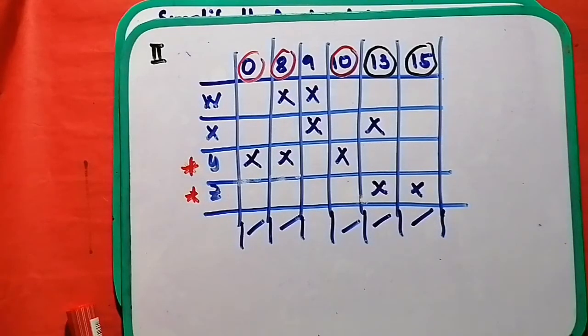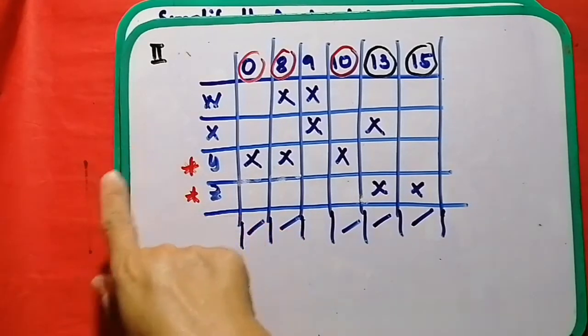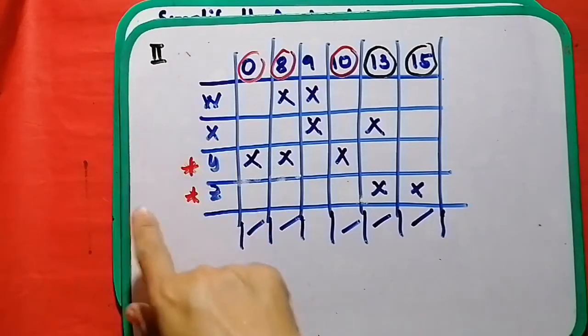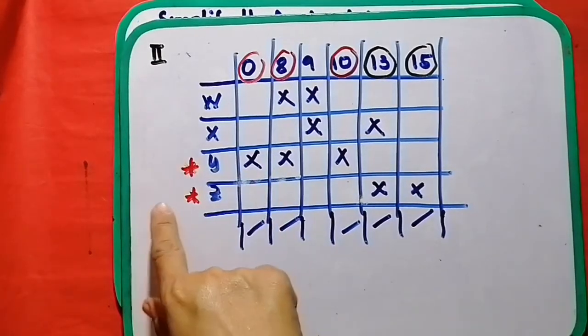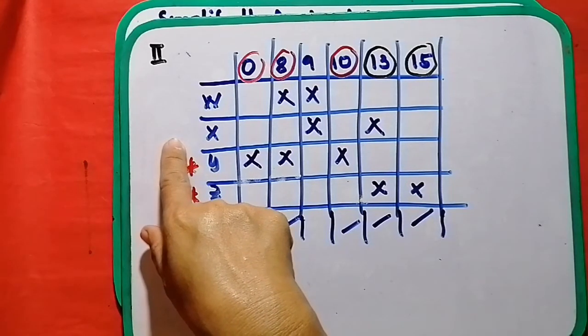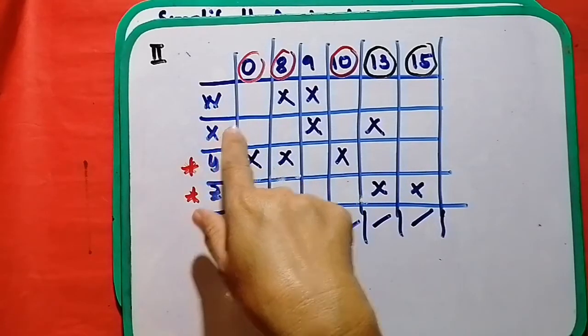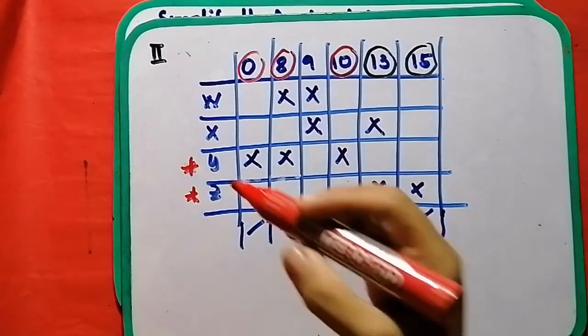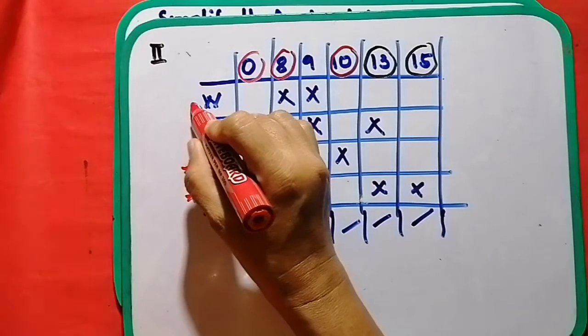So you would notice number 9 is not yet grouped or covered. So we go back to the prime implicants which are not selected, which are W and X. You will notice both W and X cover number 9. So meaning to say, we can choose either.